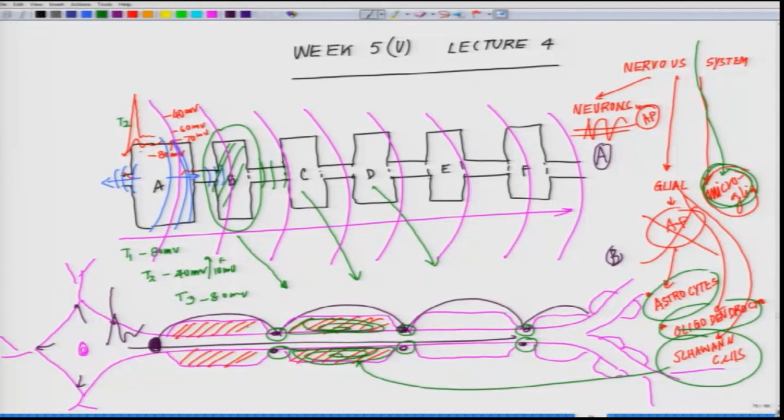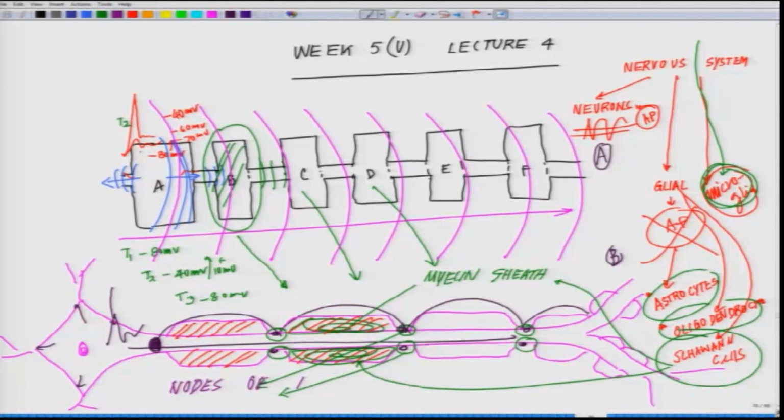rest of it is covered, and this is called myelin sheath. Myelin sheath is formed by the Schwann cells, and these small node-like structures where there is no myelin sheath presence, that is called nodes of Ranvier.